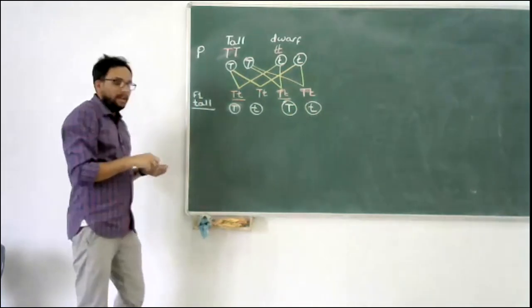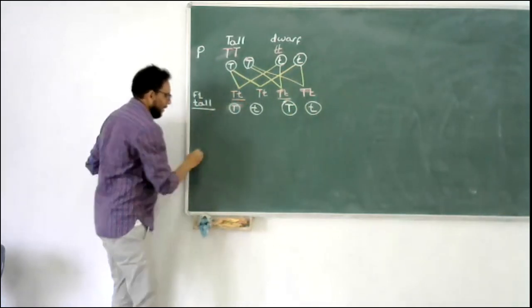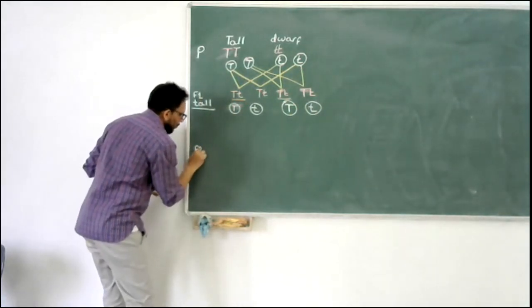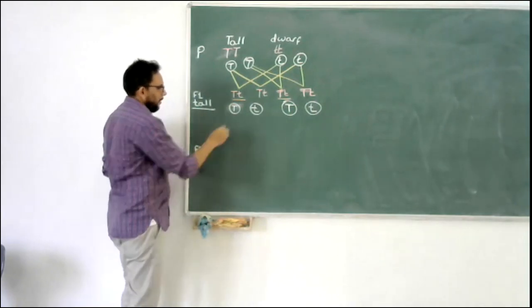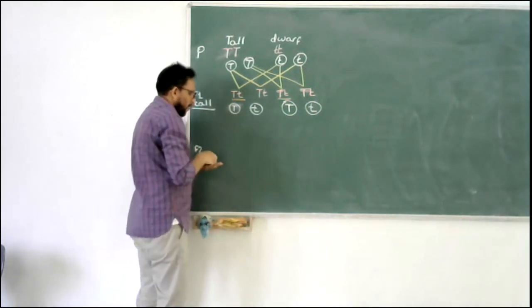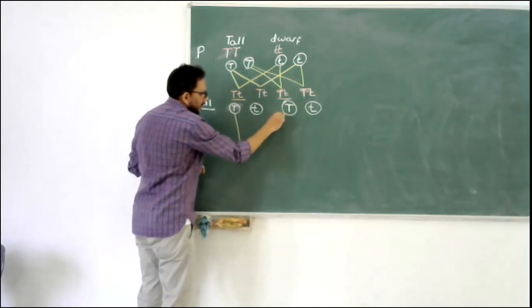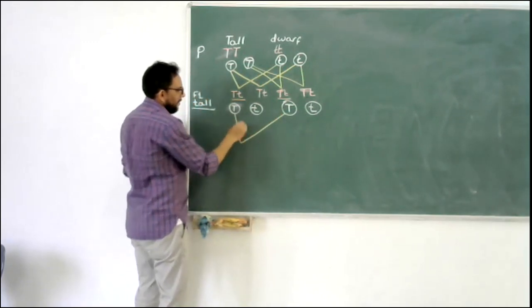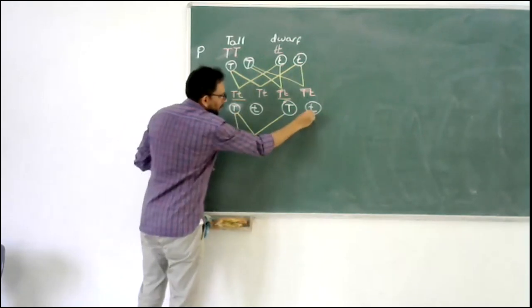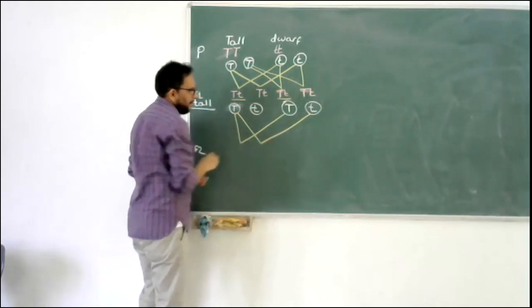In the F1 generation, this was the case. If we look at the F2 generation, again, the same possibility of combination, we try and choose each and every gamete. This gamete fusing with this, and this gamete fusing with this.